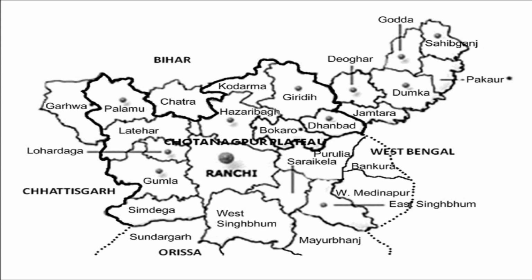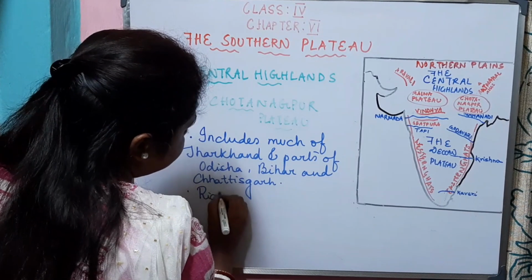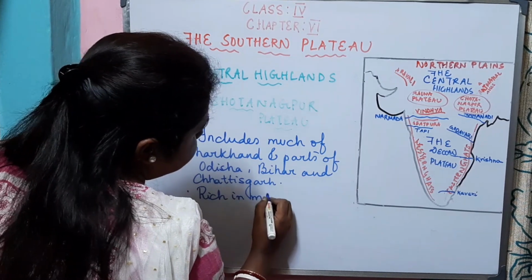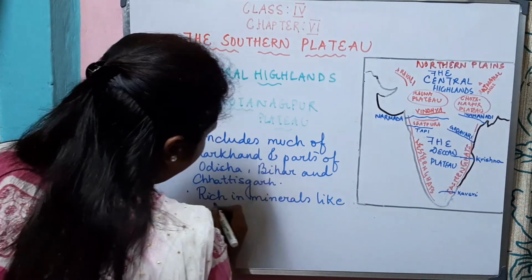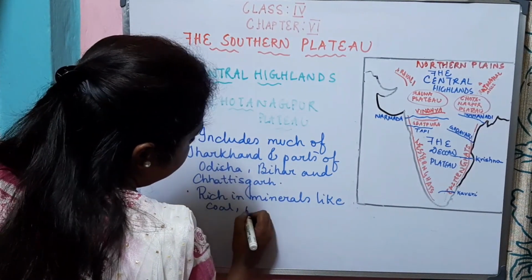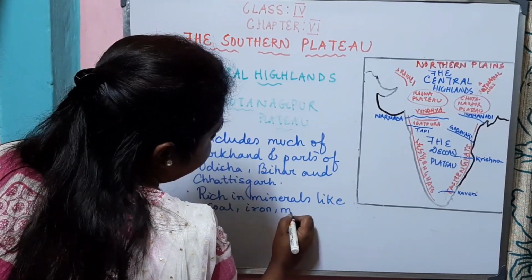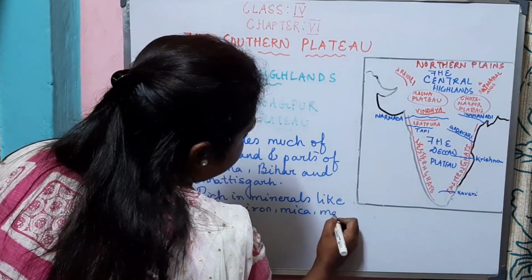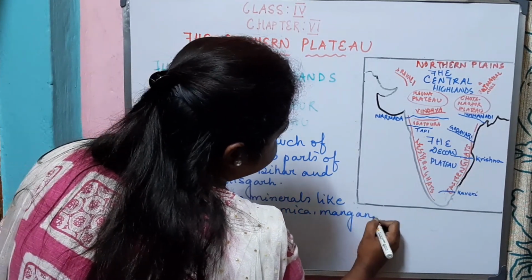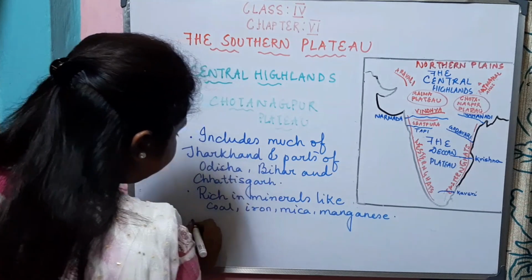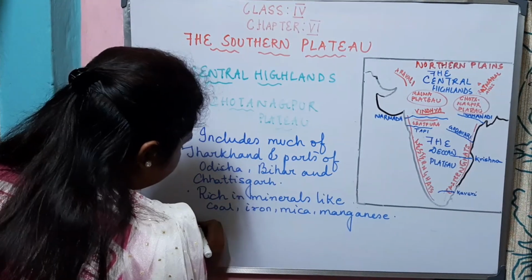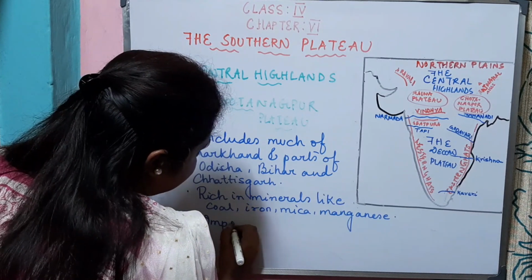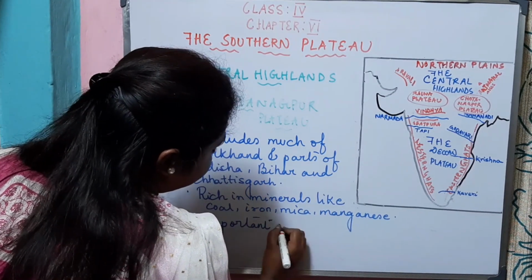The Chotanagpur Plateau is rich in minerals like coal, iron, mica, manganese. Some important coal mines are located in the Chotanagpur Plateau. Which are the important coal mines located in the Chotanagpur Plateau?